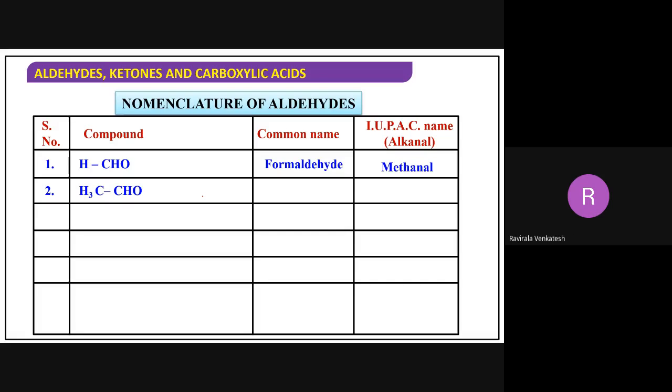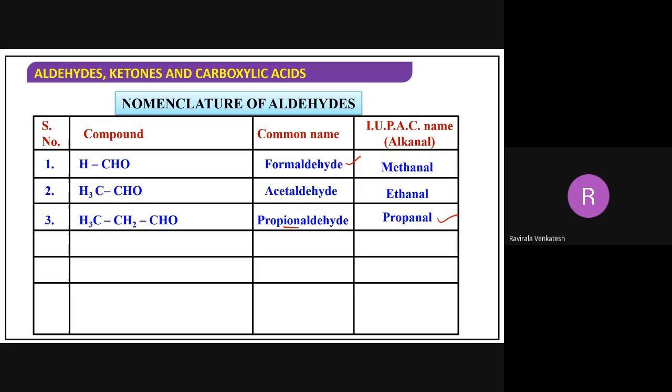Second one, what is the common name? Acetaldehyde. IUPAC name is ethanal. This is called what? Propionaldehyde. But generally we use propanal; this one we generally use.